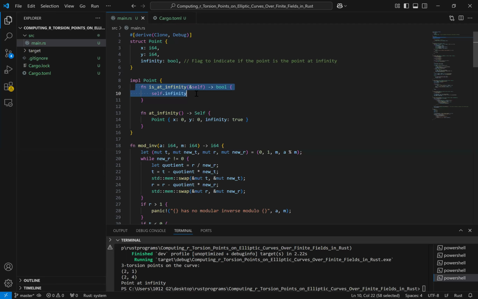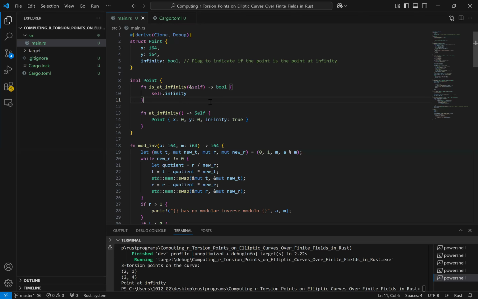But this other function is telling me if a point is at infinity, but this one is defining what infinity is. I think you get the difference. The first one is telling me that the point is at infinity, but what is this infinity?